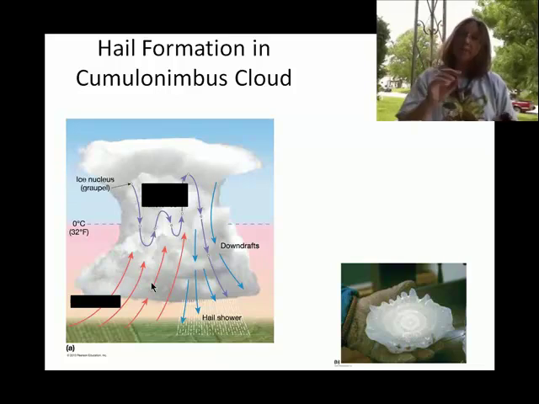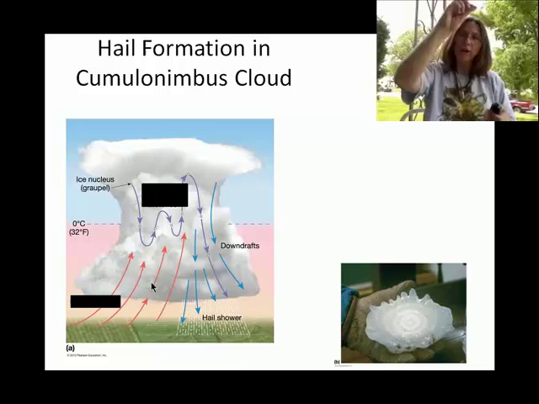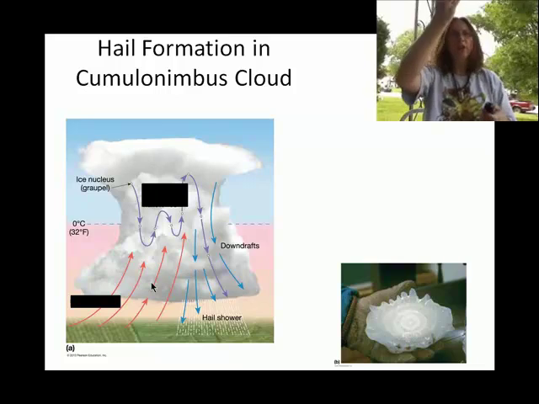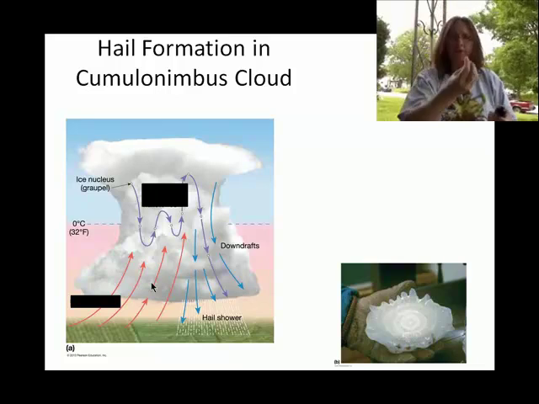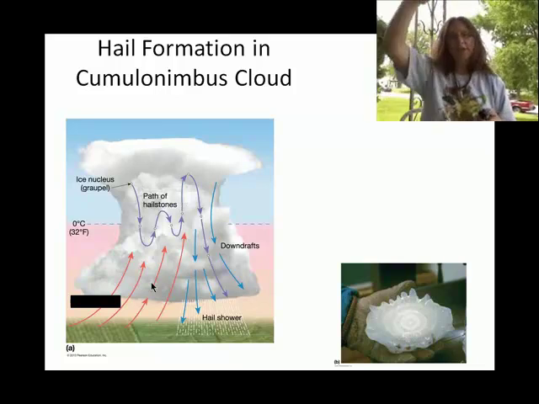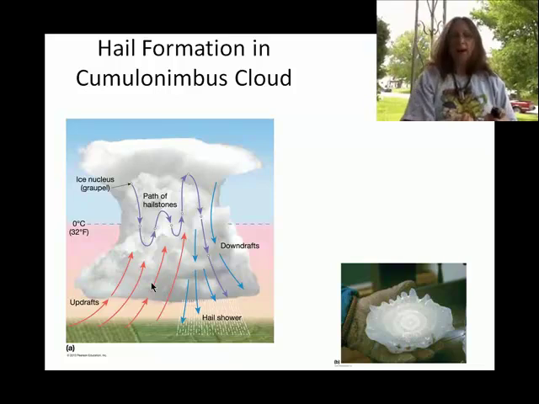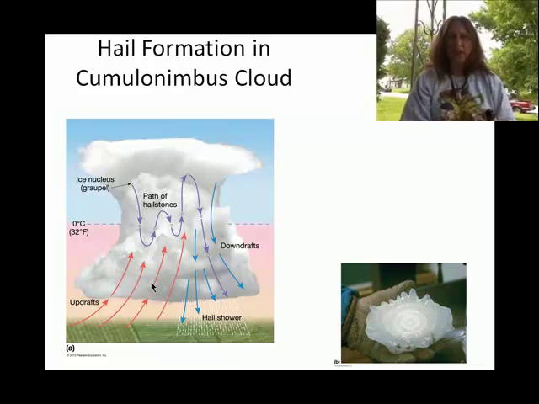So these cute little pebbles called graupel start the process. It's a little nubbin of solid water, and you can see its path. It goes up and down and up and down. As it goes down, it melts and gets all soggy and liquidy.